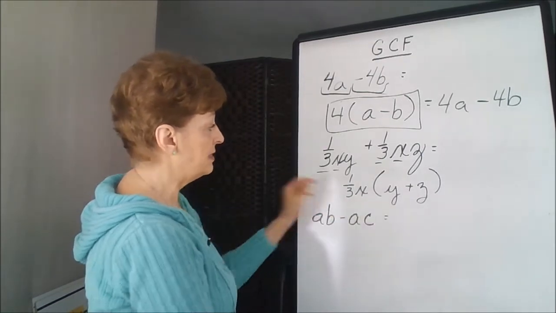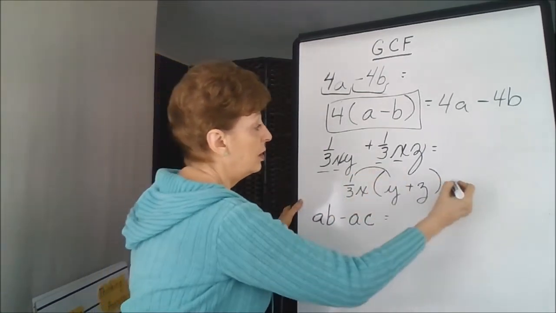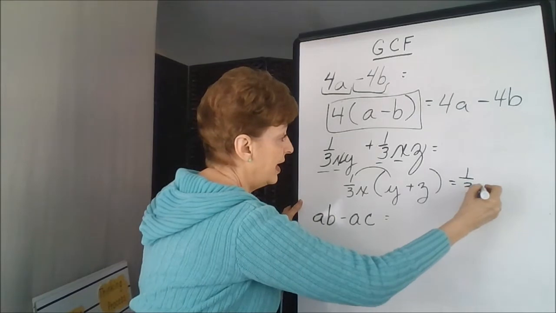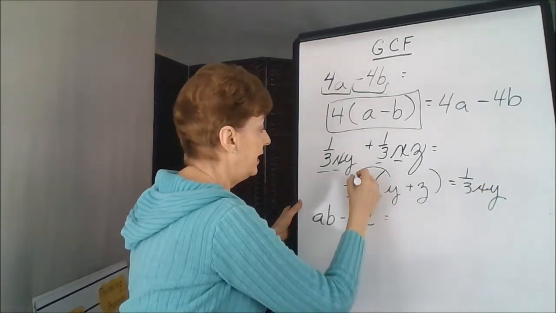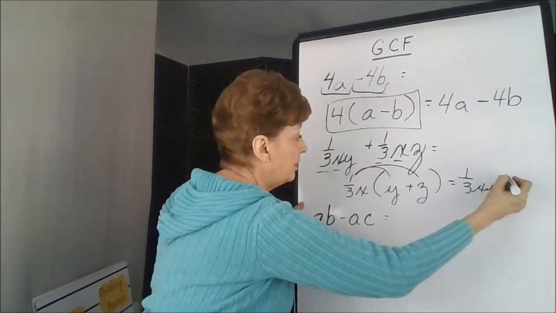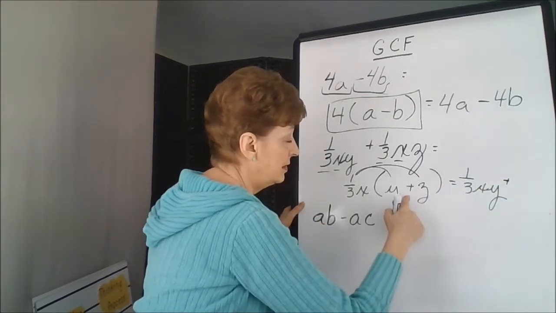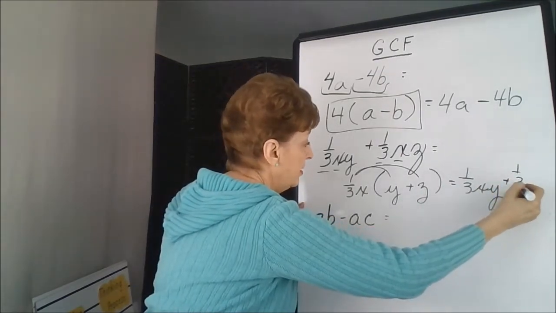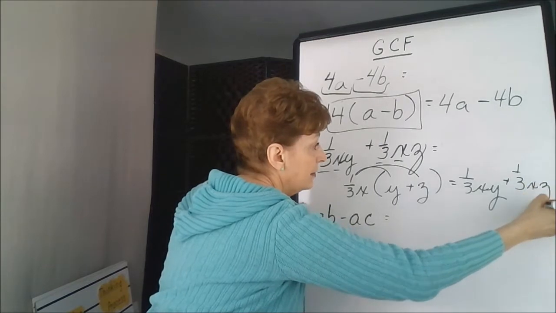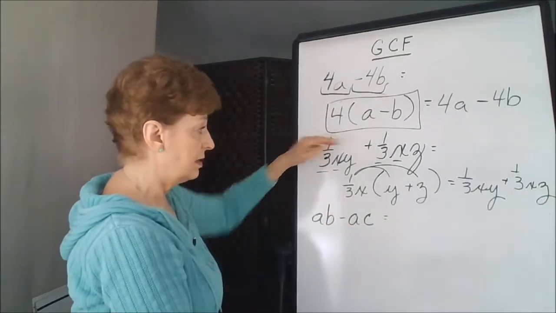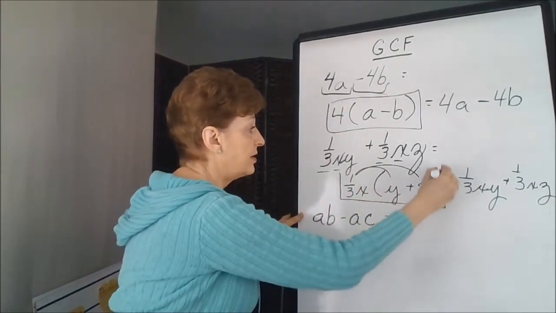And if we FOILed this back, it would be 1/3 xy. And multiply this part, we would have plus 1/3 xz. And we're back to where we started. This would be your factors.